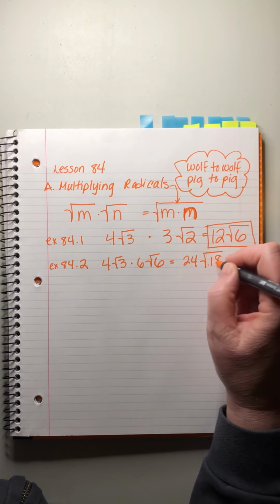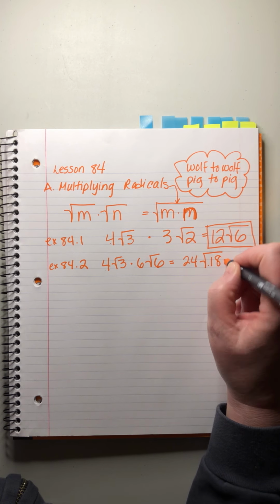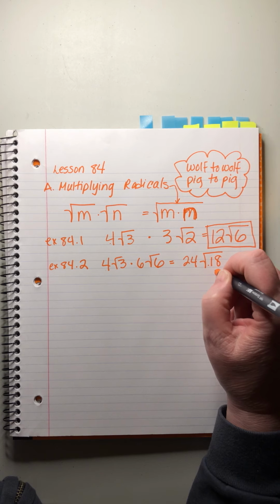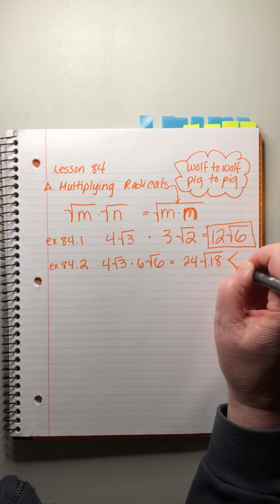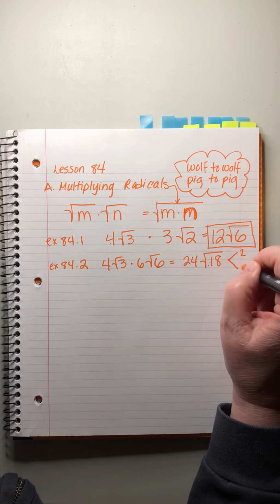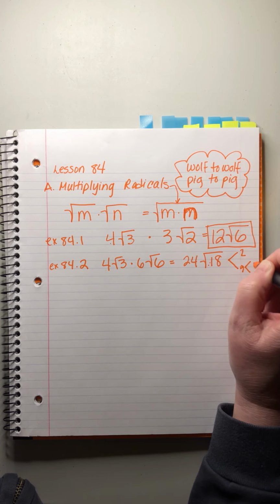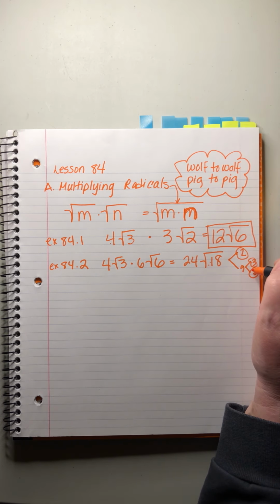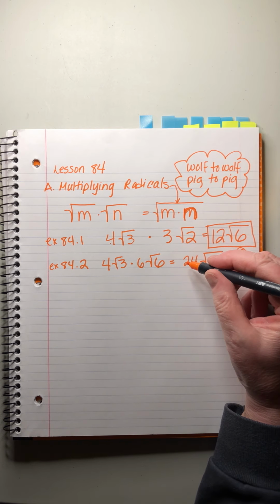All right, let's try breaking this down into its prime factors. That is the way to simplify radicals, is rewrite them as their prime factors. And I'm going to go sideways. 18, I think of it as 2 times 9, and then 9 breaks down to 3 times 3. Every pair of pigs can jump out as a single pig.